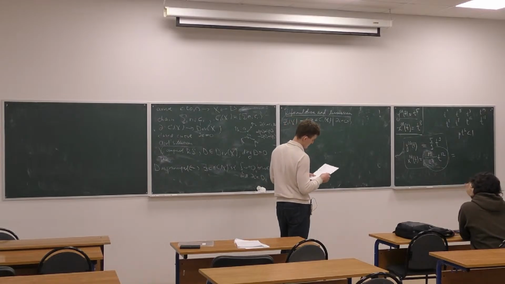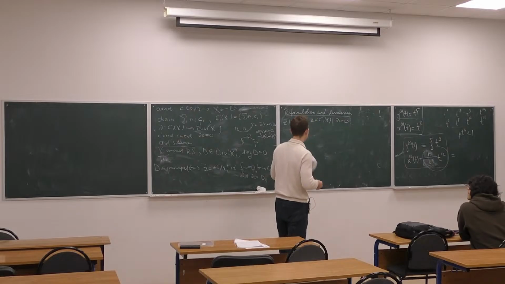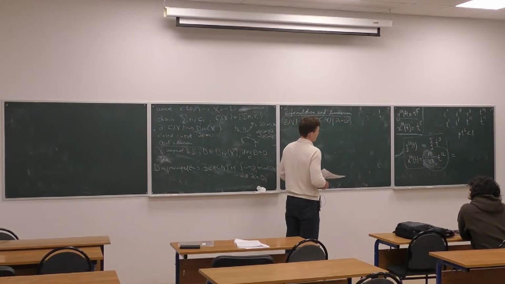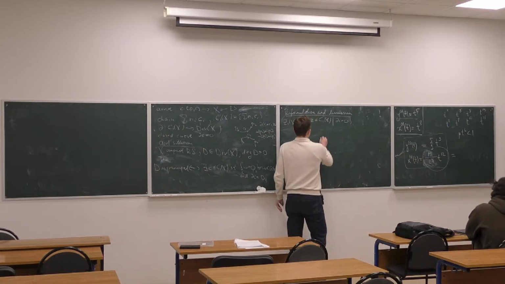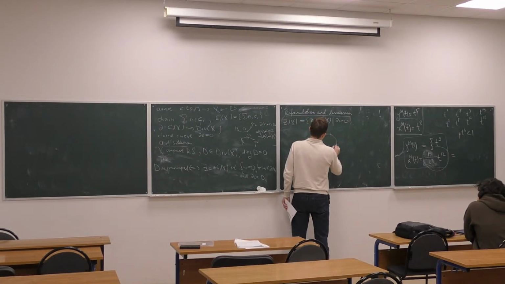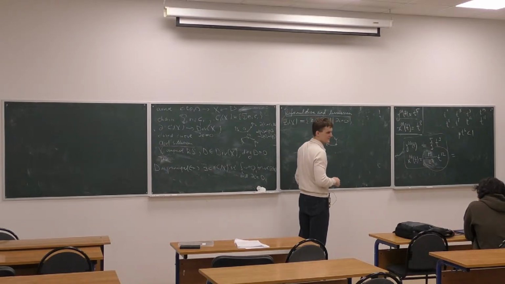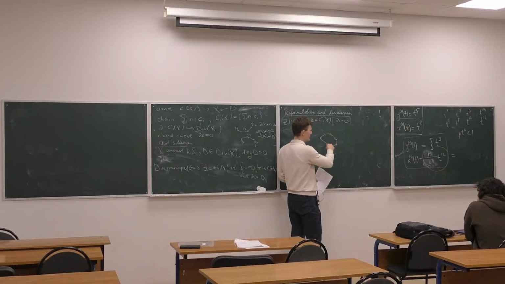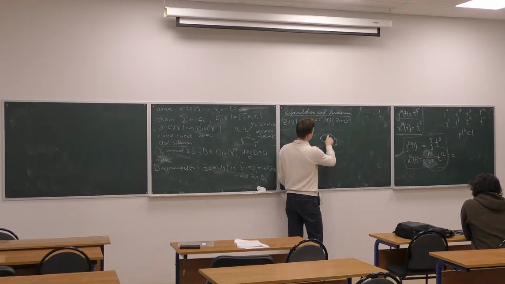Formally it's not so good to say it like this, because suppose you have some chain like this, and I want to say that this is a loop. Then I have to say how I construct the loop, because a loop is a map from [0, 1], so I have to say I constructed it from these pieces.